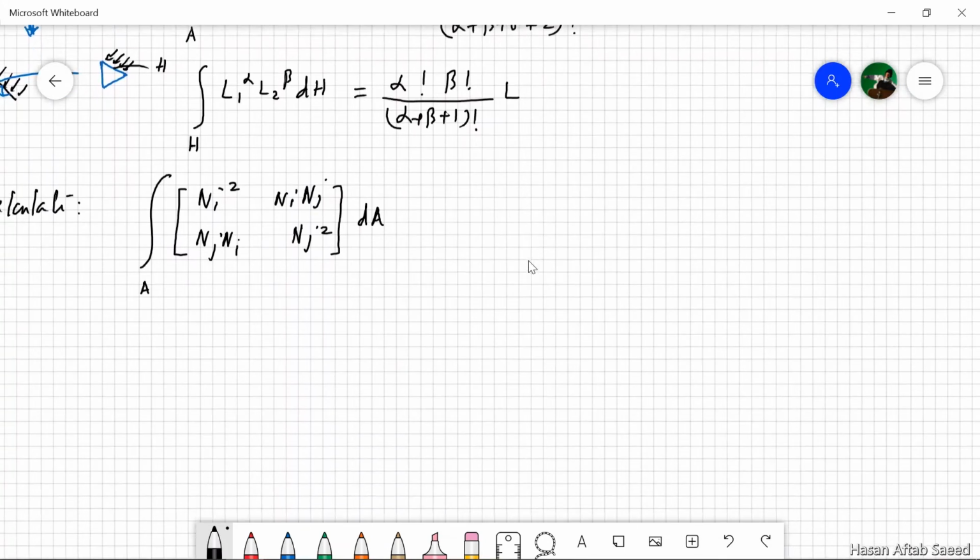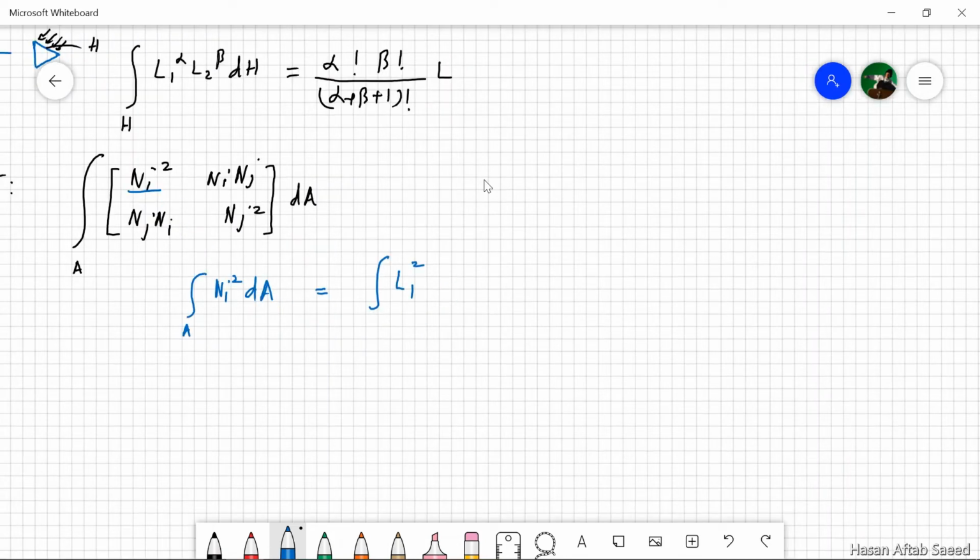So, first of all, this quantity, we have to evaluate this one. Now, because Ni is equivalent to L1, write it like this, and here we don't have Nj and Nk, so all we need to do is L2 to the power 0 and L3 to the power 0, because something to the power 0 is 1. This is dA.